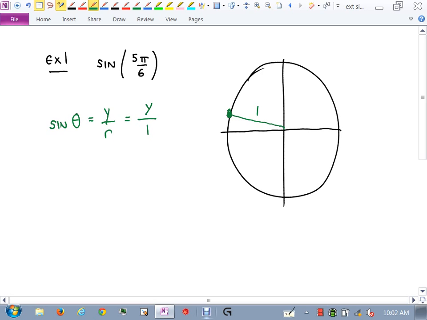Well, look at your unit circle. What was the point that was out here for this? It was negative root 3 over 2, and then 1/2. What's the y-coordinate? 1/2, right? So sine of 5 pi over 6 is just 1/2. It's just the y-coordinate. Y'all understand?